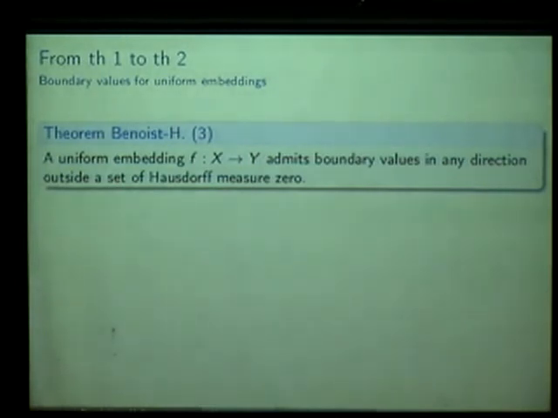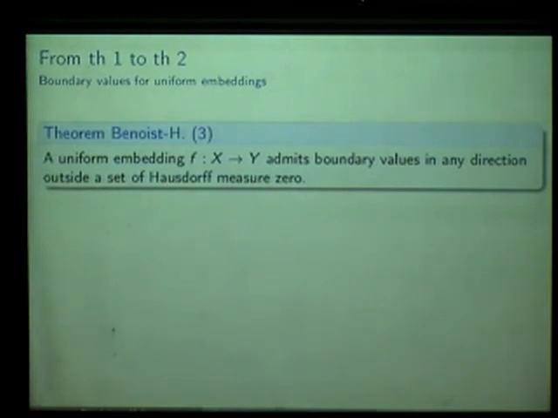Not everywhere, not in every direction. Precisely what we prove is that a uniform embedding between our 2 pinched Hadamard manifolds does have boundary values outside a very small set of the boundary of X, especially outside a set of Hausdorff measure 0.